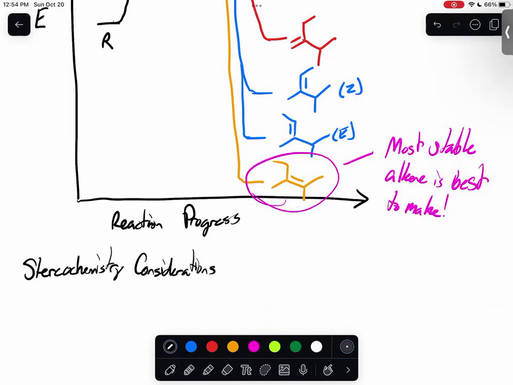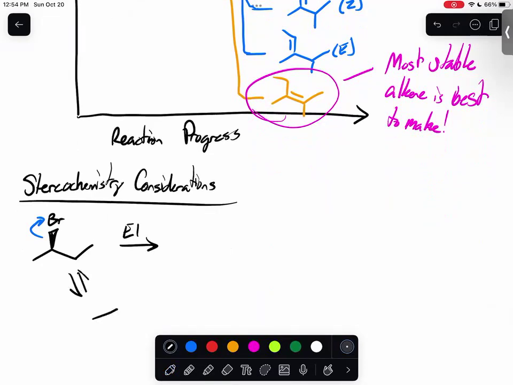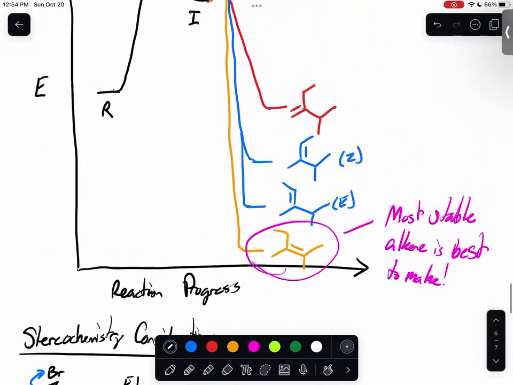nothing matters. Because thinking about this reaction just in general, using our same methods as we did for SN1, if in the first step you end up generating a molecule that is achiral, then following that up with the elimination that we know can be chiral, we can form E or Z alkenes, but if it's always the most stable, then it doesn't make a difference in terms of the stereochemistry.